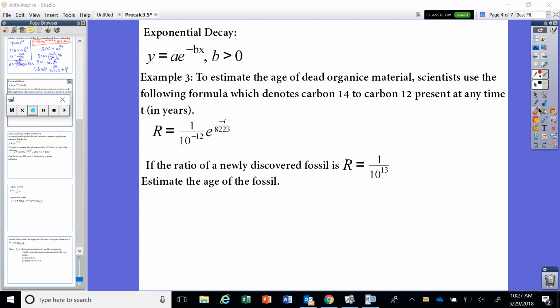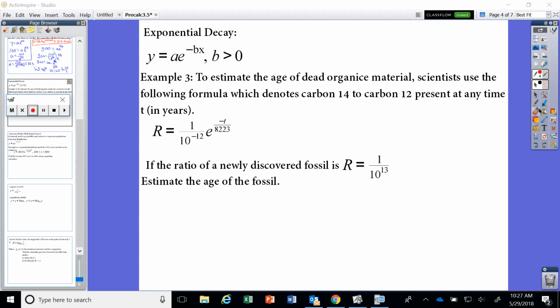Interesting. So this is what we have for estimating our way to show it. It's already given us what we're dealing with. So what's the age of this fossil going to be?